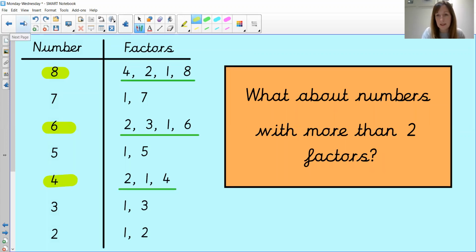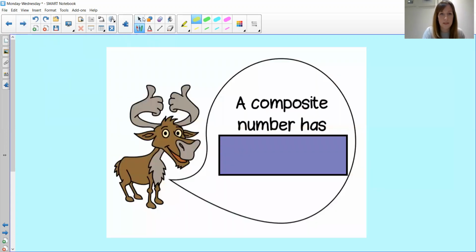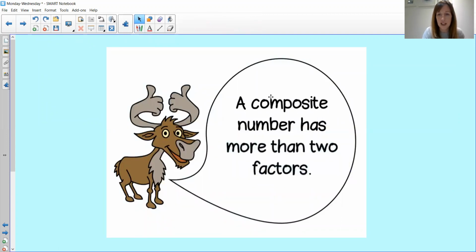These numbers are examples of composite numbers because they have more than two factors. So let's have a look at what Colin is telling us. Can you read it with me? A composite number has more than two factors. So prime has exactly two factors, composite has more than two factors.